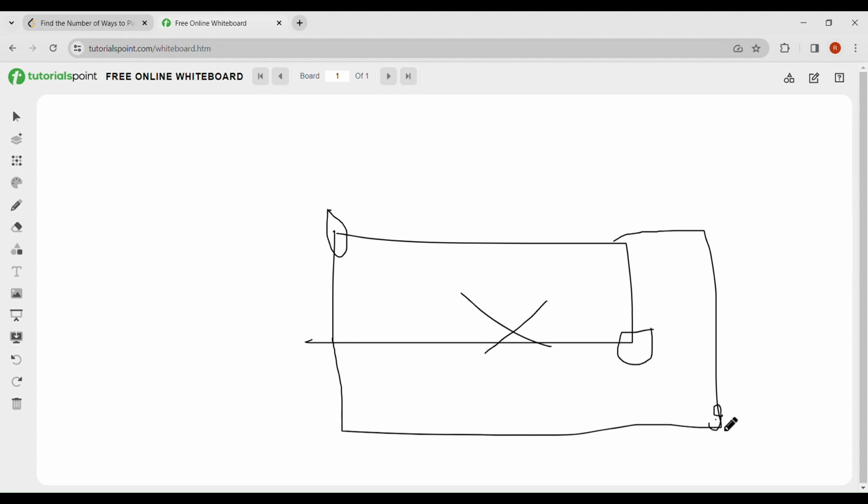If you consider this rectangle as your possible answer, then you will never get this answer, because this point will always be inside this rectangle.